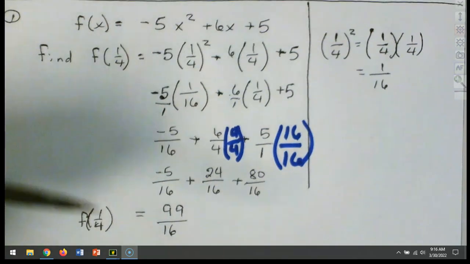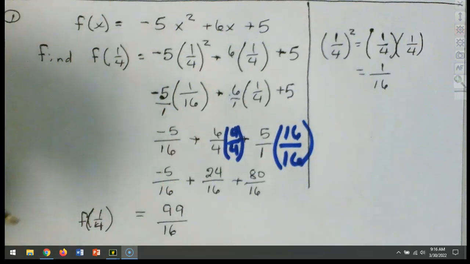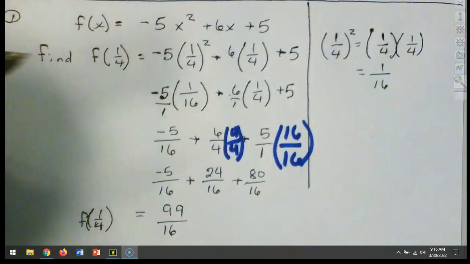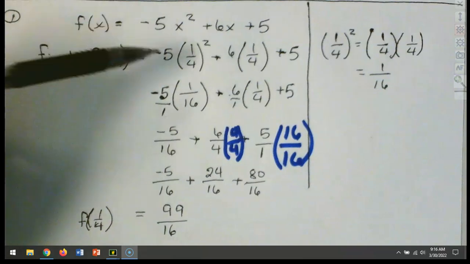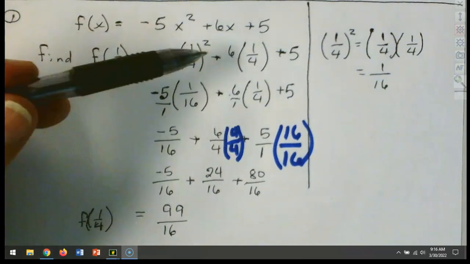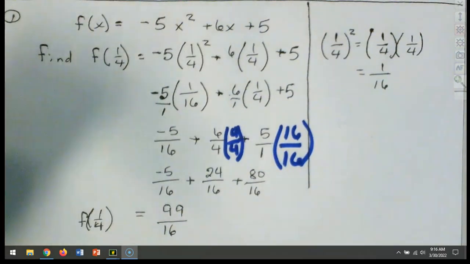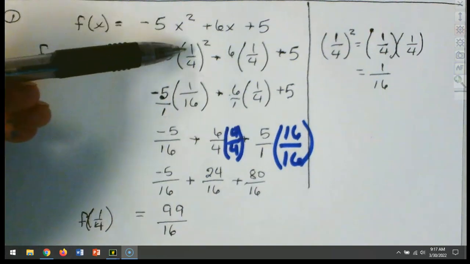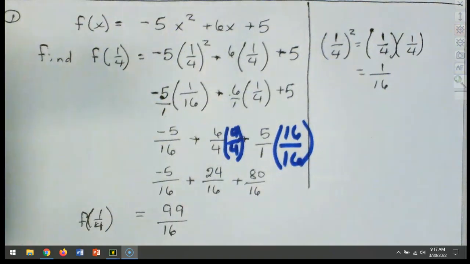I know it sounds like something we remember, but in the past, when you've got a question that has a negative 5 out in front, I've seen students make that mistake, see the square there, and associate that with it and make it positive. So I want to make sure that you see the negative comes down. If it's inside, it becomes positive when you square it. So be very, very careful with the signs. I don't want you to miss a question on your exam because of a sign issue.